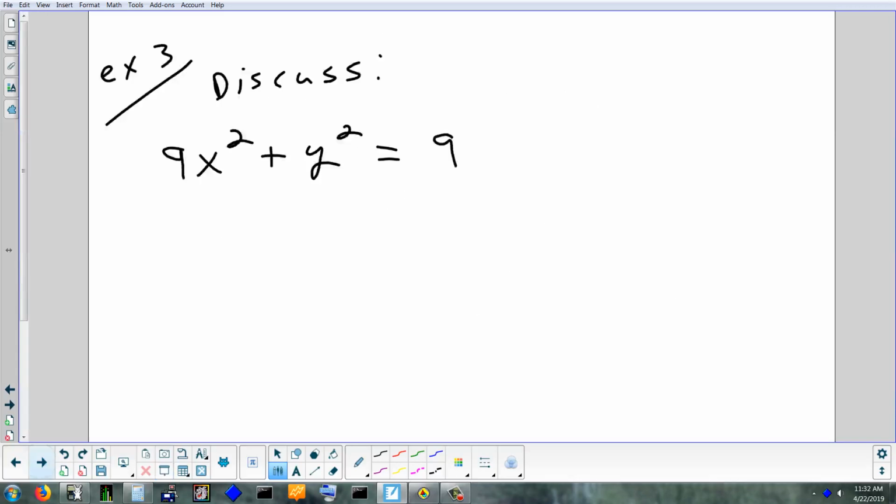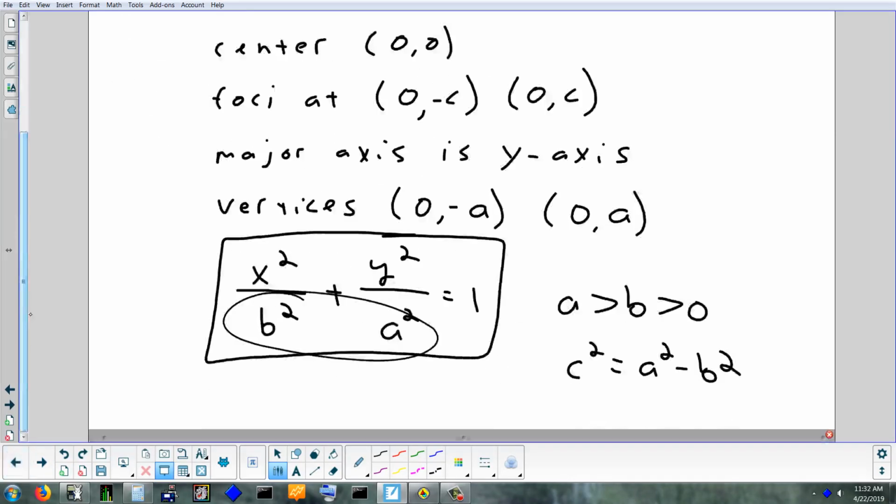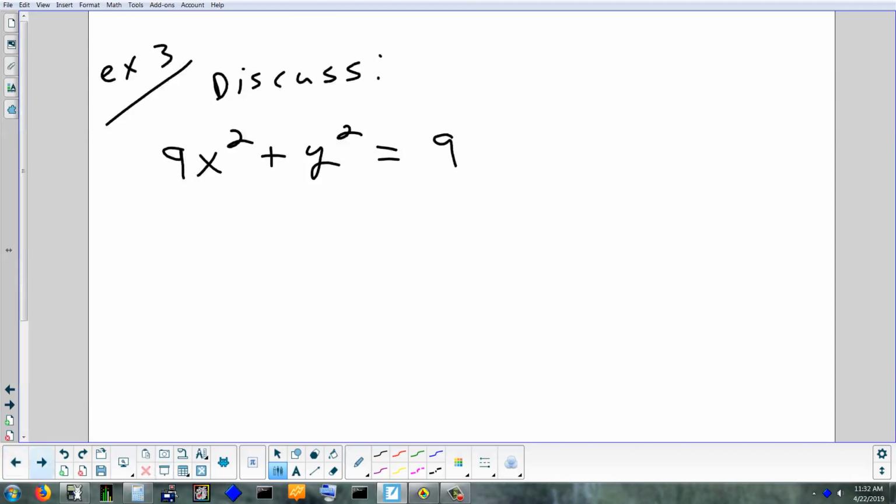Okay, so let's discuss this ellipse. Okay, this one, it's not ready to discuss. What's wrong with it? Yeah? It doesn't equal 1, right? I told you today everything has to equal 1. So what would we have to do to make it equal to 1?